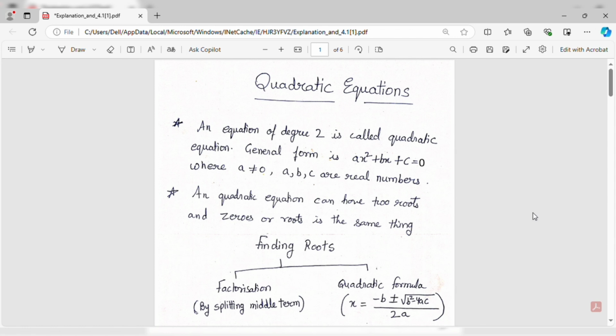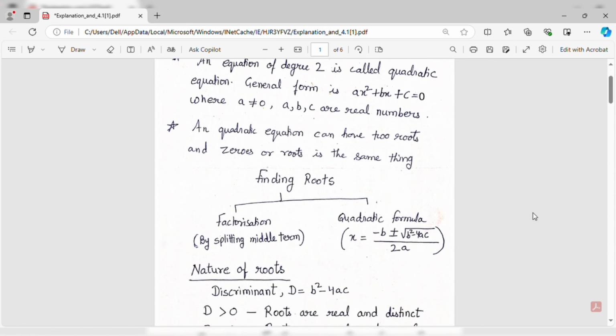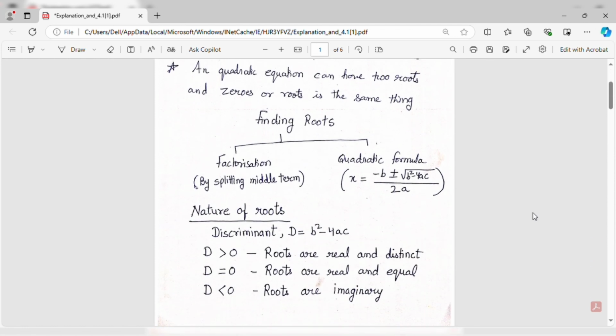So any quadratic equation will have two roots, or we can say zeros also, like we had found in chapter number 2, polynomials. Here in this chapter we will learn how to find roots of a quadratic equation by two different methods which are in our syllabus.